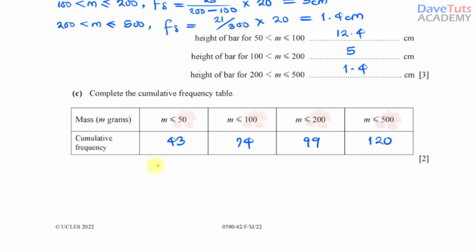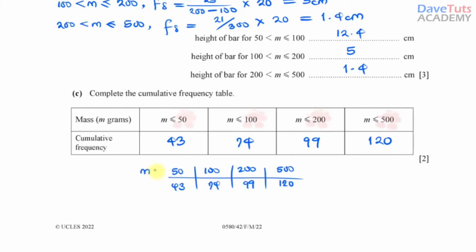So we want to make a simple guide: we have 50 and 43, we have 100 and 74, we have 200 and 99, then we have 500 and 120. So this is our table of values that we're going to be making use of.